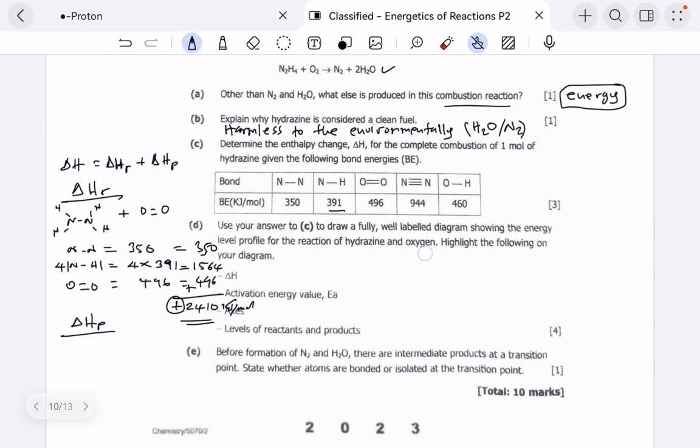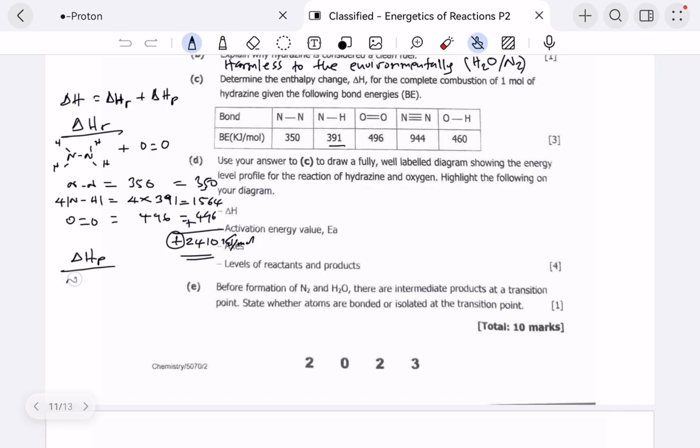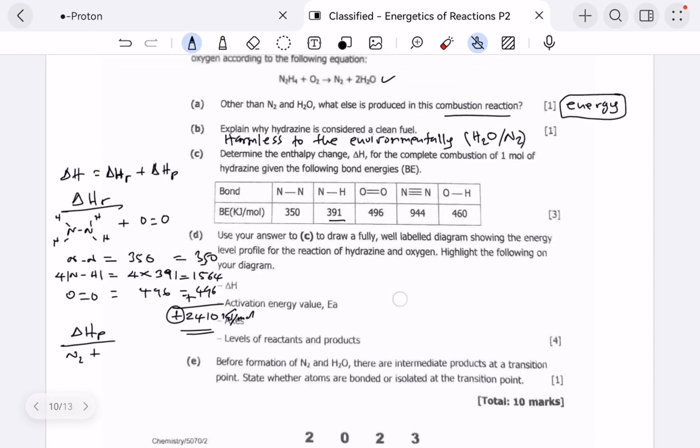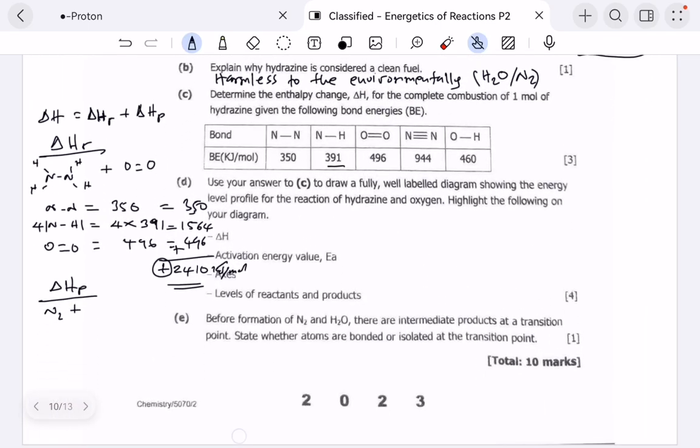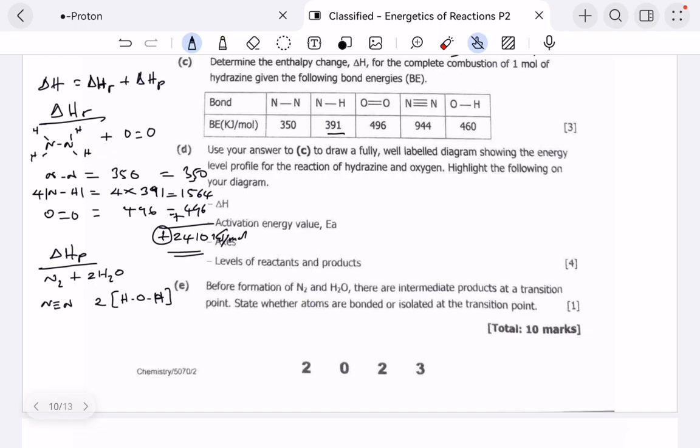So in terms of the products, there is nitrogen and 2 moles of water. To elaborate more, for nitrogen we have the triple bond there. Then for water we have 2 of the hydrogen oxygen bond. So in terms of energy, this triple bond is giving us a 944.